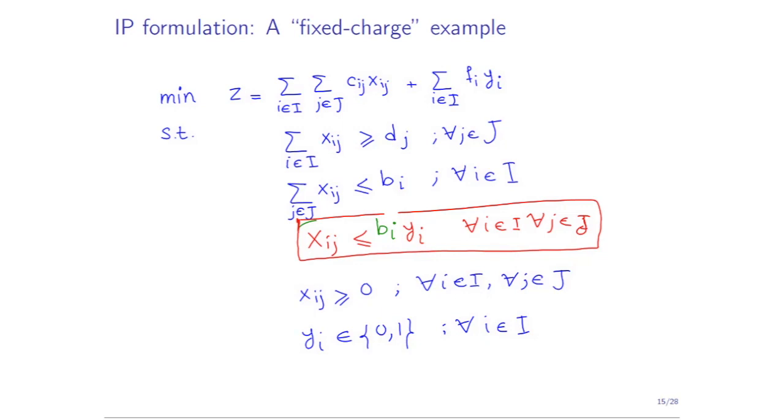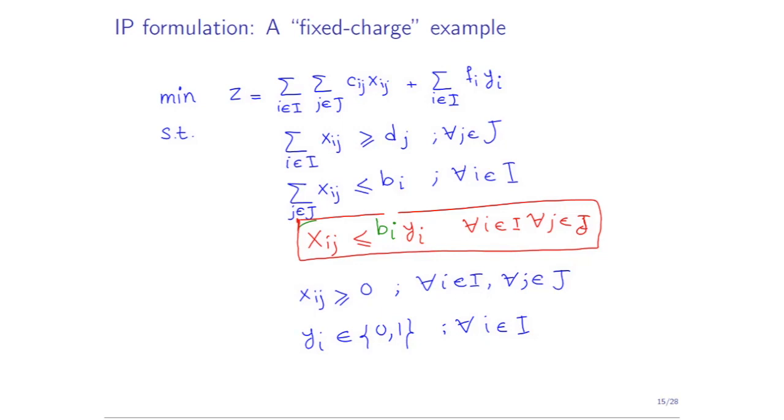So there were 2 points in here. The first one was how to use binary variables to cast the fixed cost. Also how to relate those binary variables to your continuous variables.